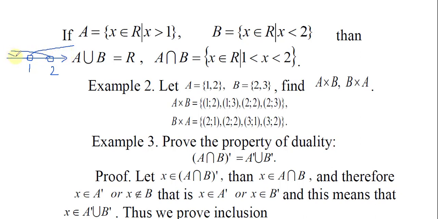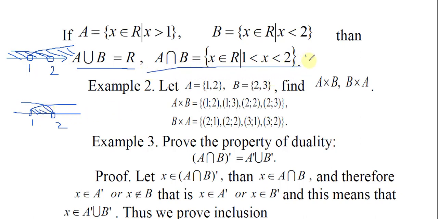All in all real line. That's why the union is R, the set of all real numbers. And where is the intersection? Intersection is in the middle, bigger than 1, less than 2. So the intersection is here. That's why A intersection B is from 1 till 2.